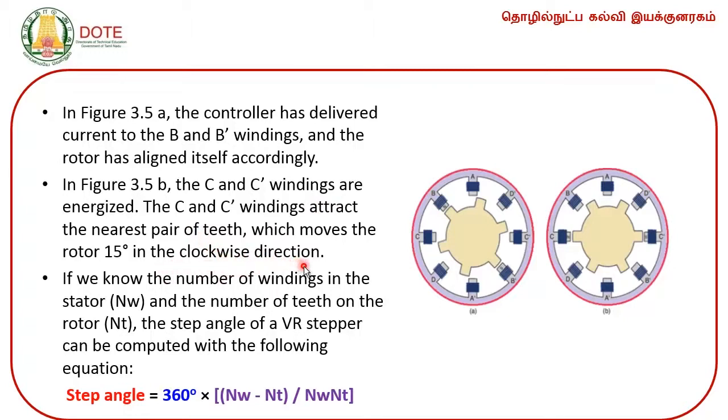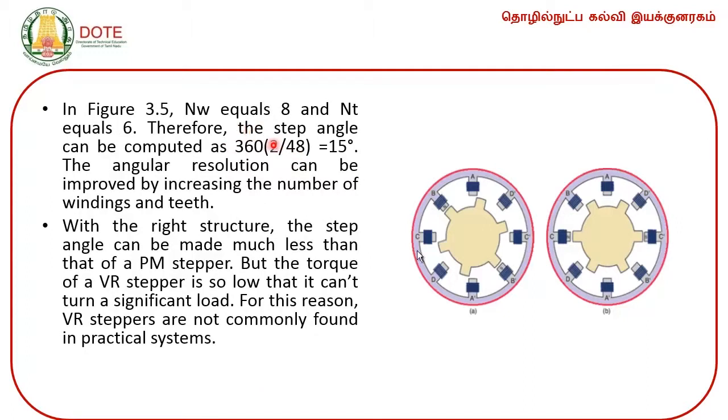If we know the number of windings in the stator and the number of teeth on the rotor, the step angle of a variable reluctance stepper motor can be computed with the following equation: 360 degrees times (Nw minus Nt) divided by (Nw times Nt). In this figure, Nw equals 8 and Nt equals 6.